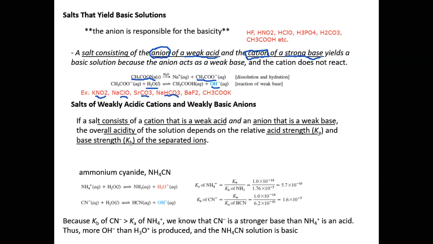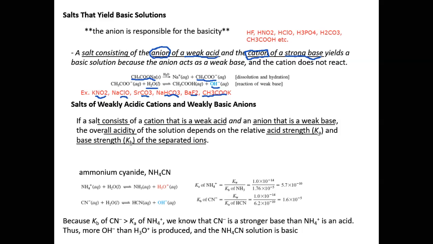Bicarbonate is basic, sodium is neutral. Fluoride is basic, barium is neutral. Acetate is basic, potassium is neutral. So if you have a basic anion and a neutral cation, it's going to be a basic solution. So that means the cation came from a strong base, the anion came from a weak acid.